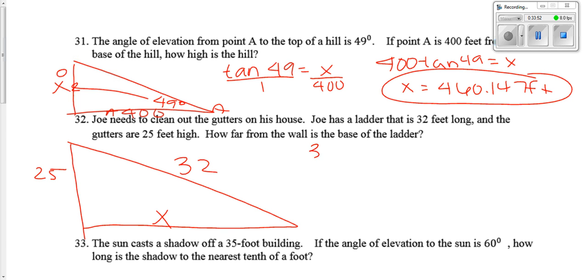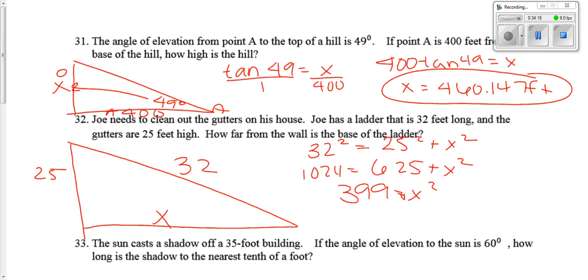So we need to use Pythagorean theorem. 32 squared equals 25 squared plus x squared. 32 squared is 1,024. 25 squared is 625. So 399 equals x squared. Square root that. The square root of 399 is 19.974 feet.